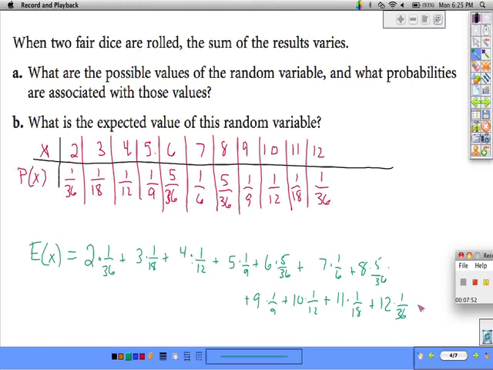And when we do this calculation, we end up with 7. If you didn't get that by doing this calculation, you made a mistake plugging your numbers in. And what this means is that if we roll 2 dice for a very long time, we would expect an average of 7 to come up on our sums.